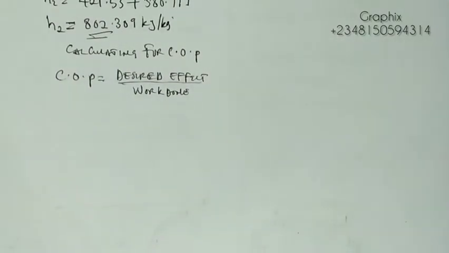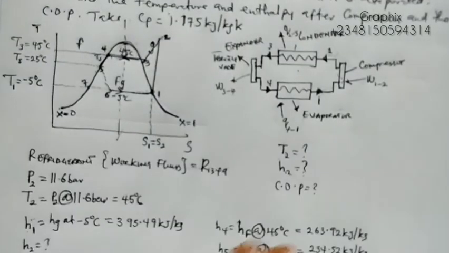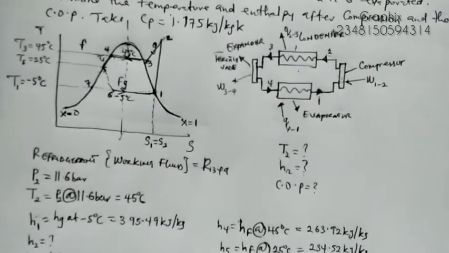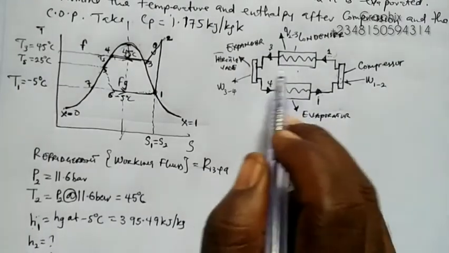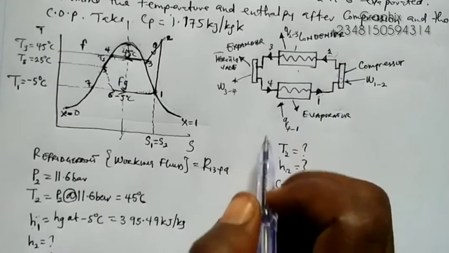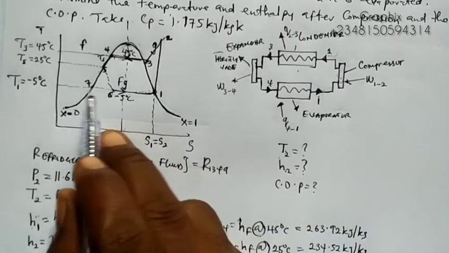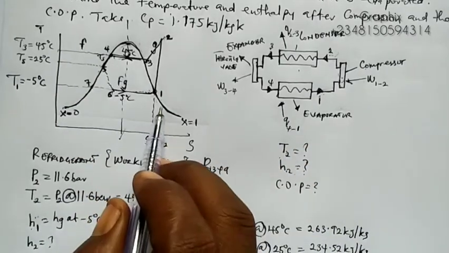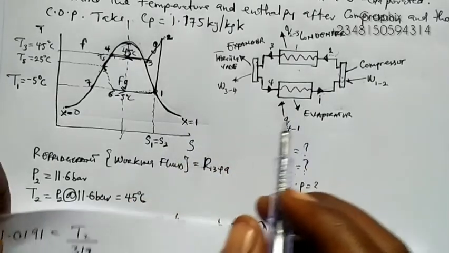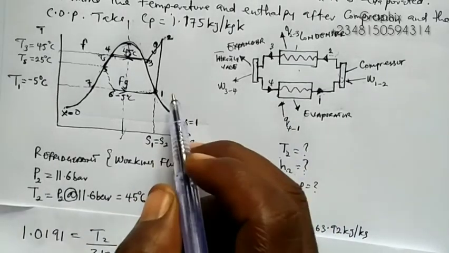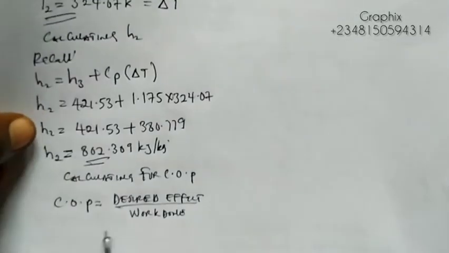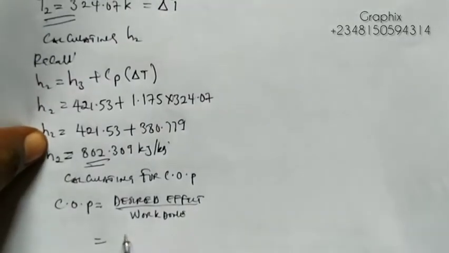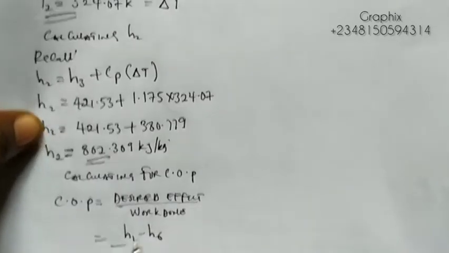If you look at this point here, our cooling comes from the evaporator, and the evaporator is at this point here. So our desired effect is H1 minus H6, right?